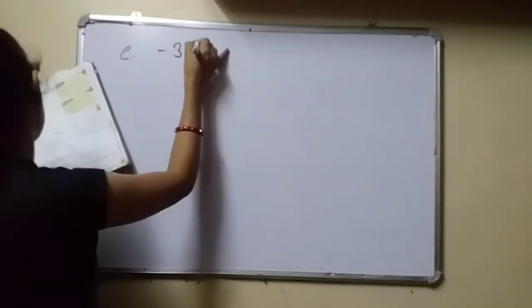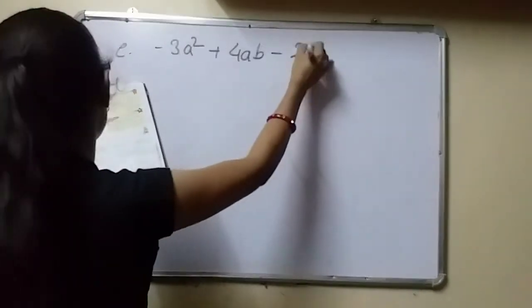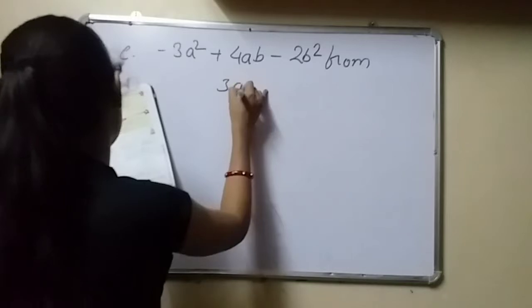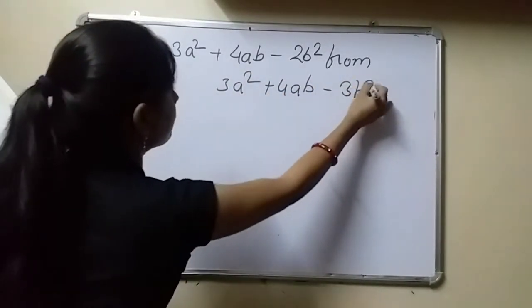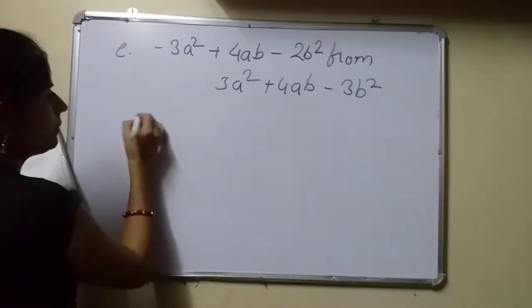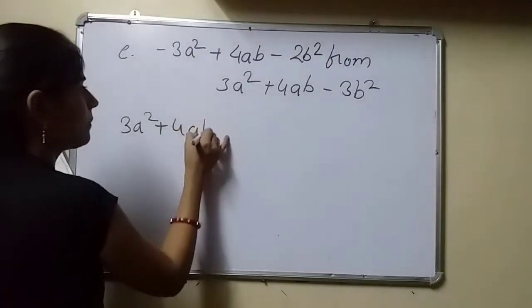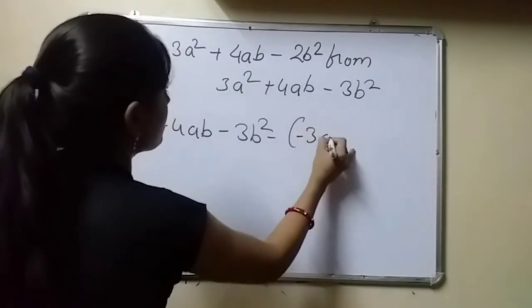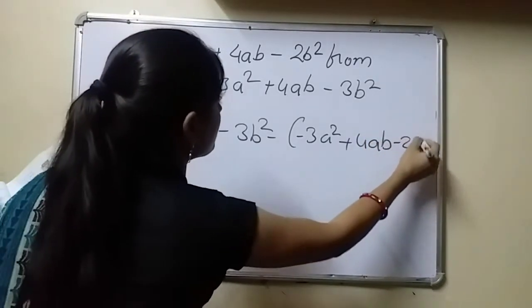Minus 3a square plus 4ab minus 2b square from 3a square plus 4ab minus 3b square. Now see, 3a square plus 4ab minus 3b square minus 3a square plus 4ab minus 2b square.